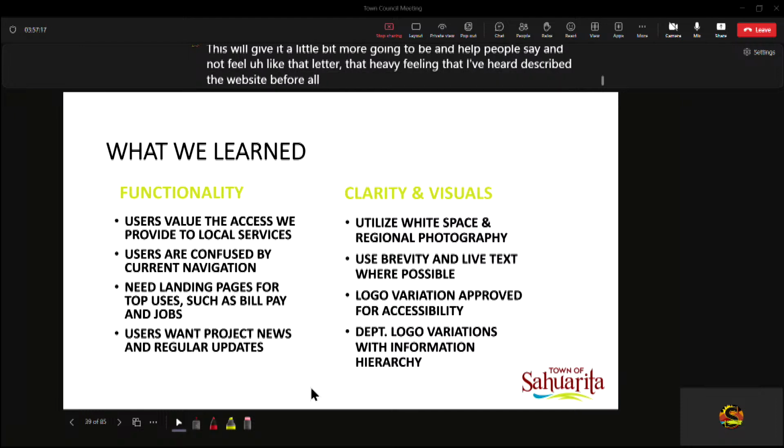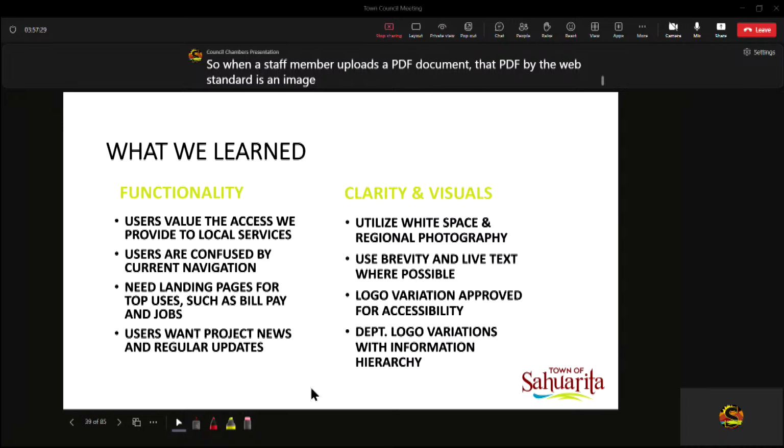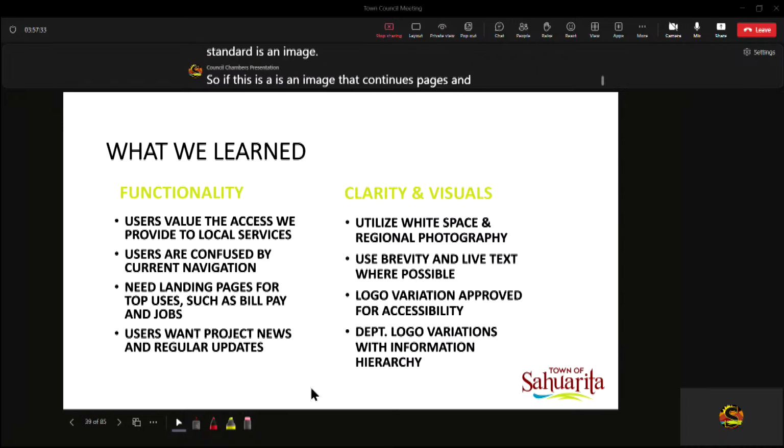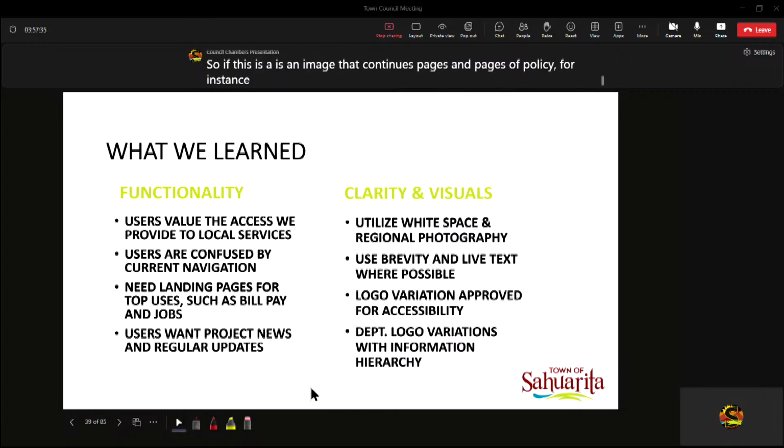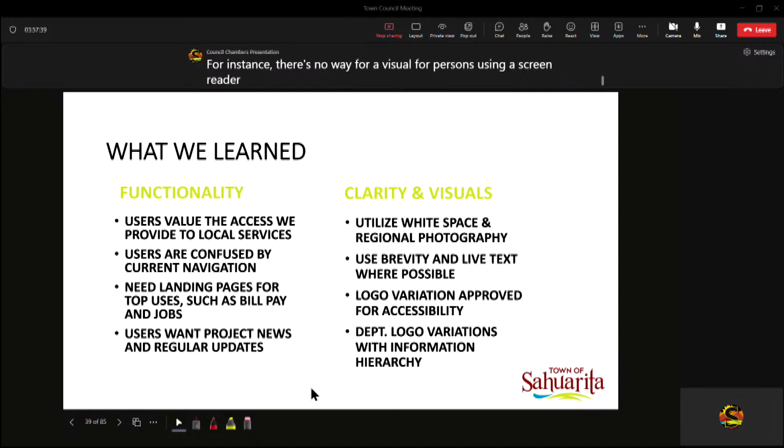Also, using brevity and then live text. When a staff member uploads a PDF document, that PDF, by web standards, is an image. So if this is an image that contains pages and pages of policy, for instance, there's no way for a visually impaired person who's using a screen reader to be able to actually read that information.